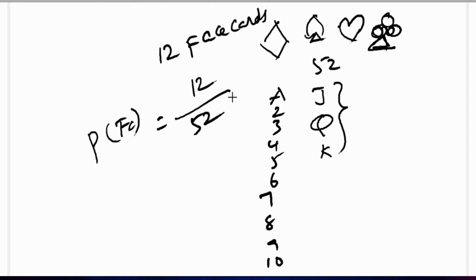So 12 by 52. You can simplify it, 4 threes and 4 thirteens, so it is 3 by 13. This is the probability of getting a face card when you select one card randomly from the deck of cards.